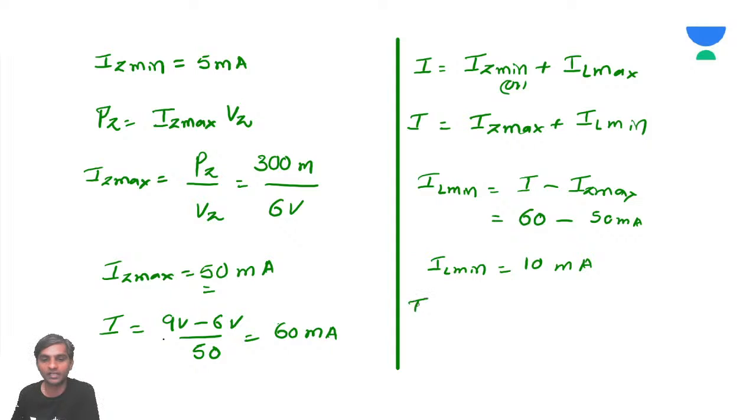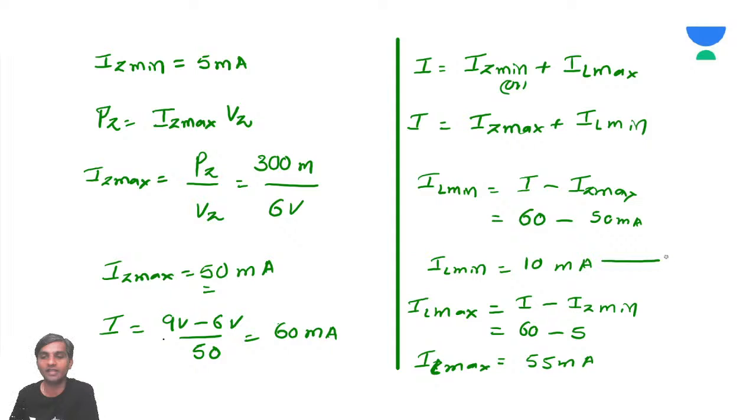If you want to calculate IL maximum, the formula is I minus IZ minimum. So it's 60 minus 5, you'll get 55 milliamps. 55 milliamps is going to be IL maximum.